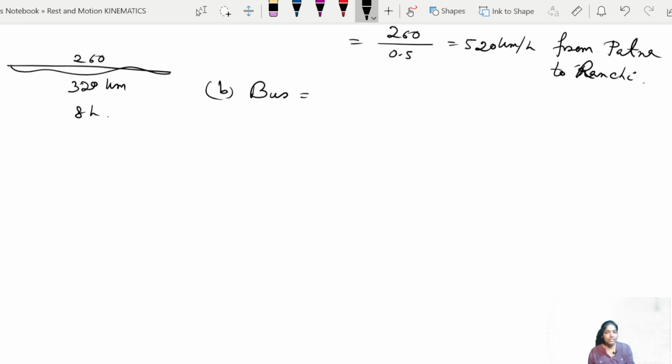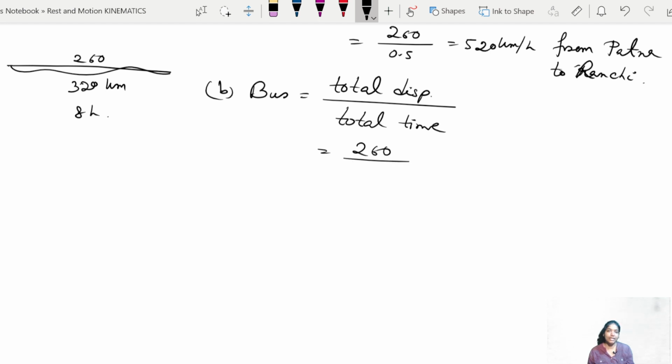So for the bus also, the net displacement divided by the total time, for this case the total displacement will not be 320, it will be 260, but the total time taken by the bus is 8 hours.